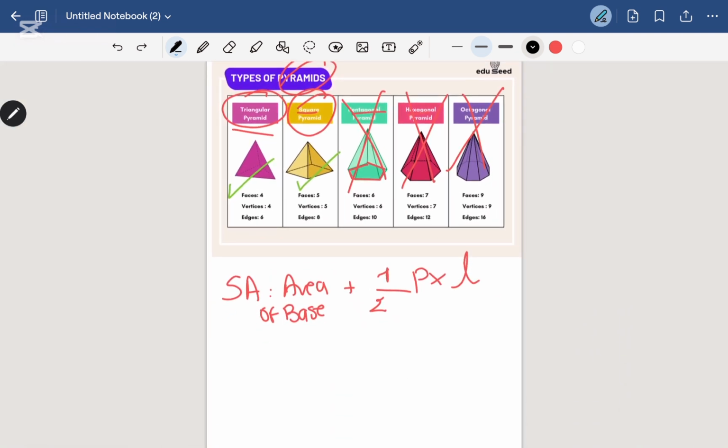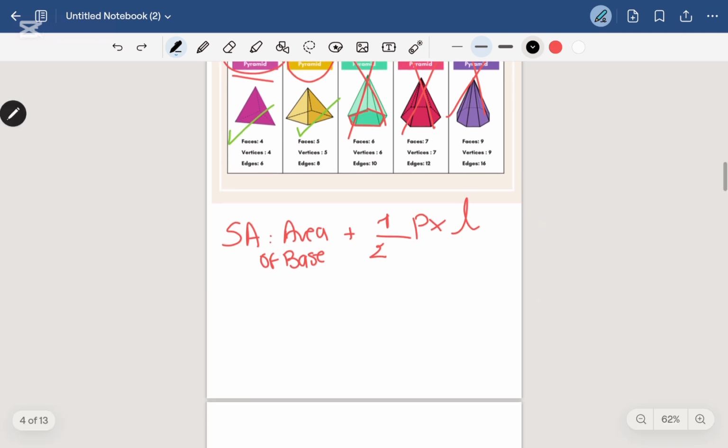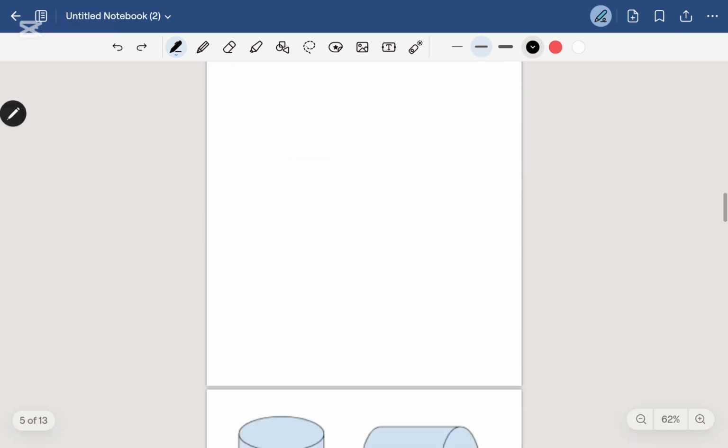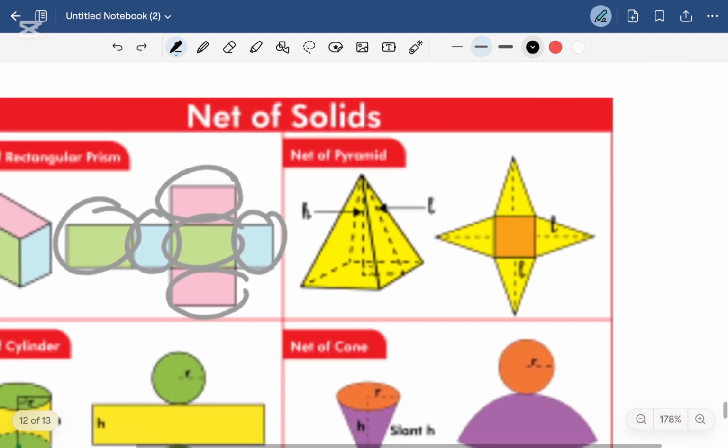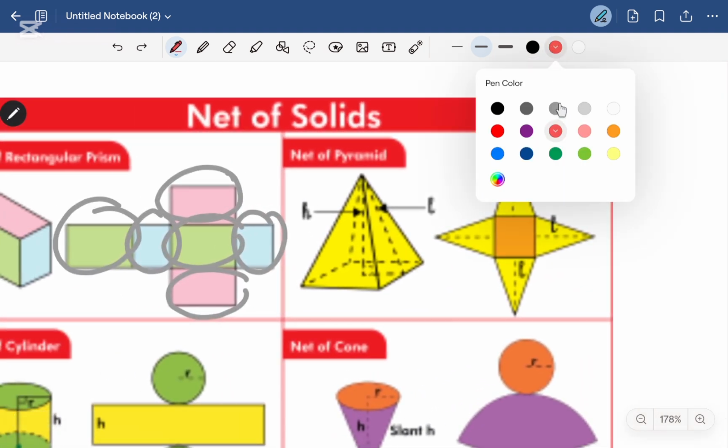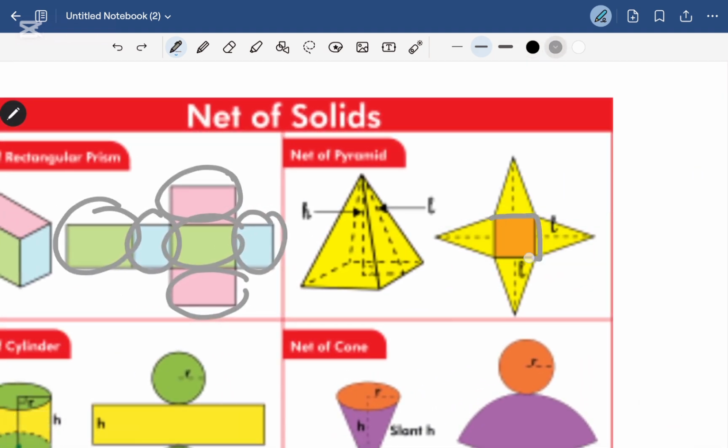So the surface area of any pyramid, it's the area of the base plus half of the perimeter times the slant height L. Another way to do it is to add all of the faces. Okay, so let me go down again to the bottom. As you can see, a square pyramid is made up of a square and then 1, 2, 3, 4 identical triangles.